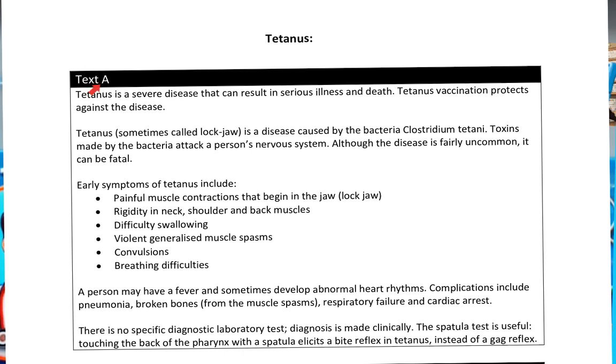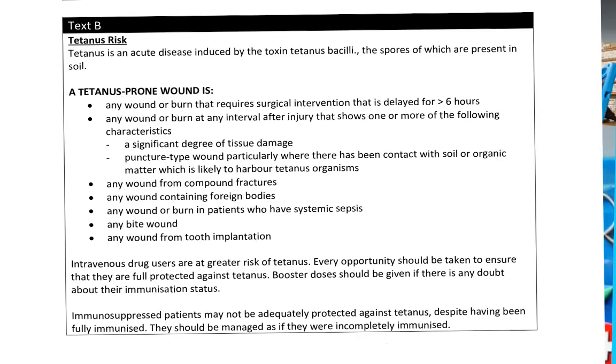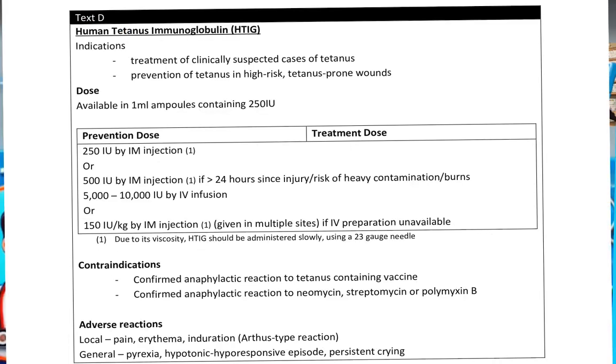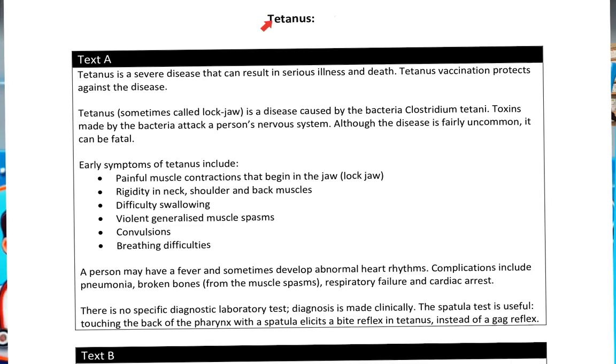We have text A, text B, text C, and text D. So guys, our practice test 2 is about tetanus, and we have 4 texts.